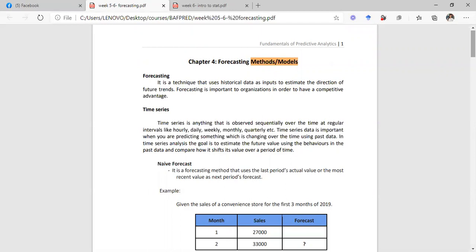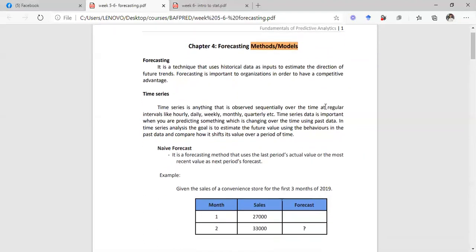So it uses historical data as inputs to estimate the direction of future trends, and forecasting is important to organizations in order to have a competitive advantage.